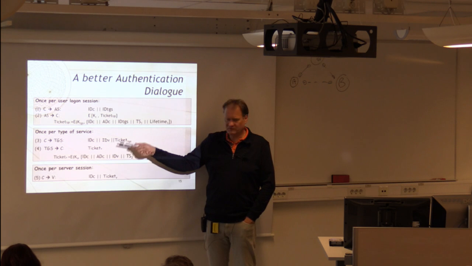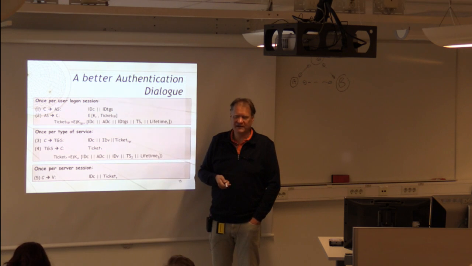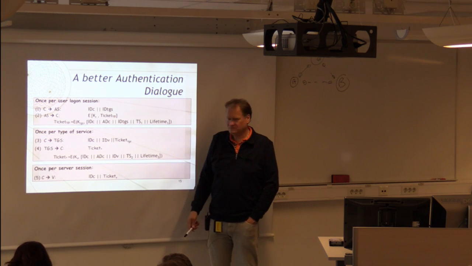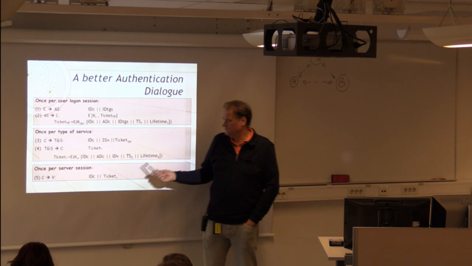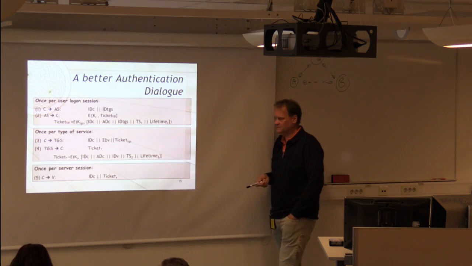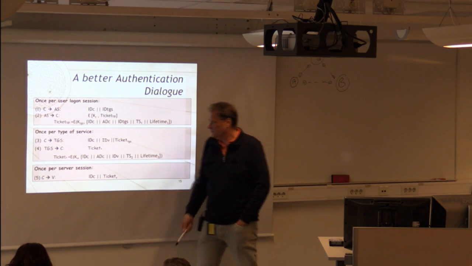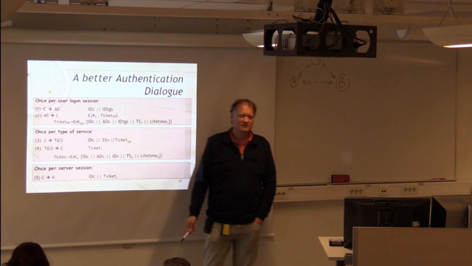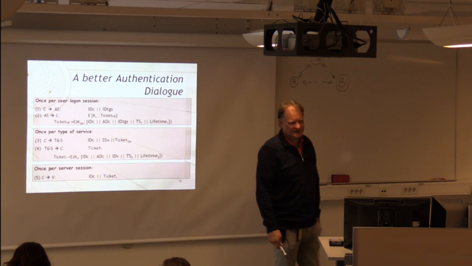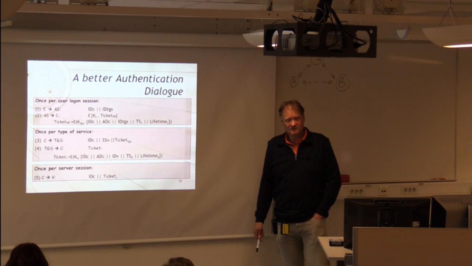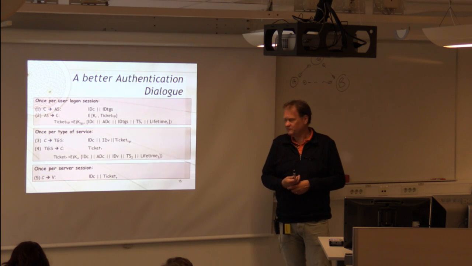The ticket granting server now checks that I have those access rights, that I have access to that server. And if that turns out okay, the ticket granting server will send back a new ticket here to the client. That ticket, as you see, is encrypted with a key that is shared between the ticket granting server and the actual service.